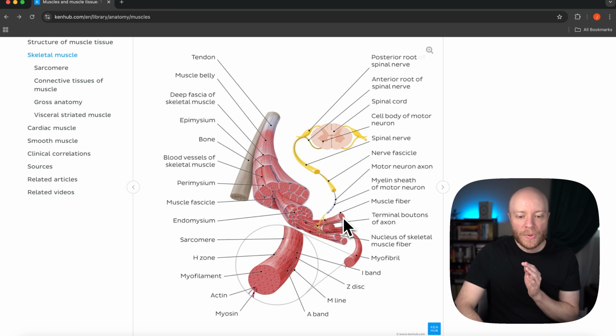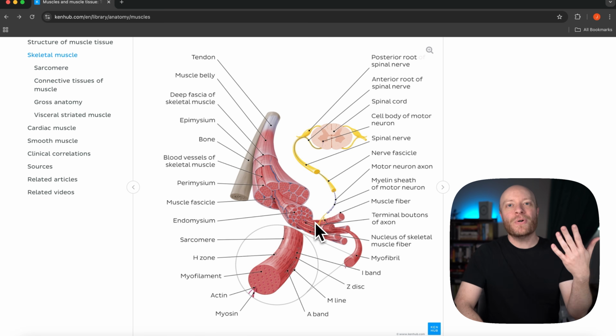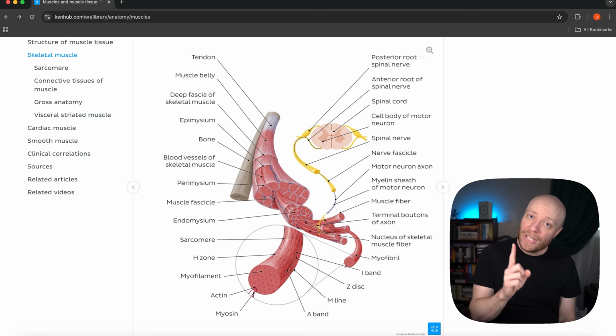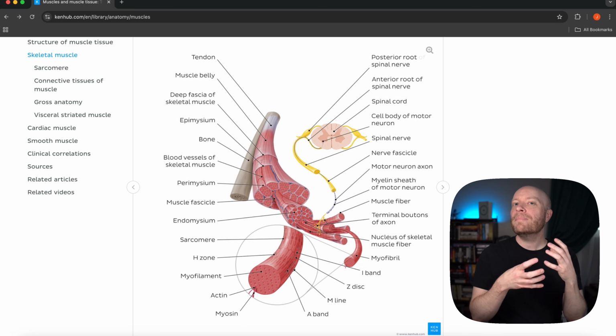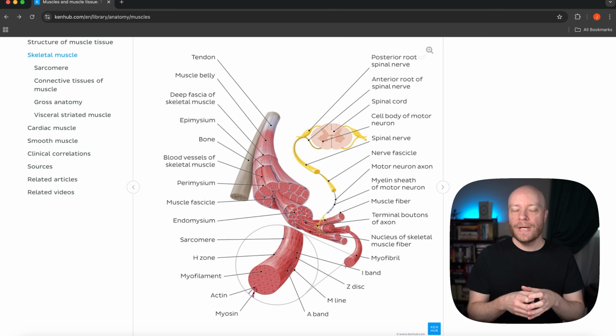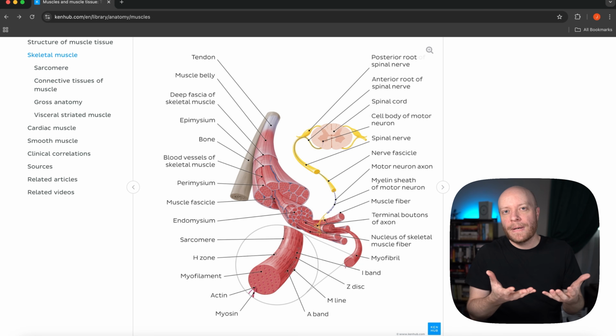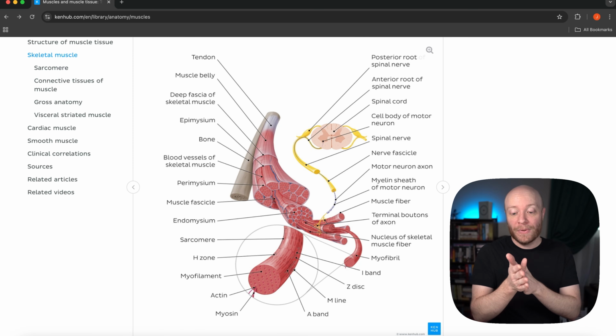So a muscle cell, that skeletal muscle cell, if you looked on the outside of it, would also be wrapped in connective tissue. However, this time we would call this loose areolar tissue or loose connective tissue. So it's the same type of thing, right? We have collagen, but now there's just less of it. And that's going to be important because there's a lot of movement.